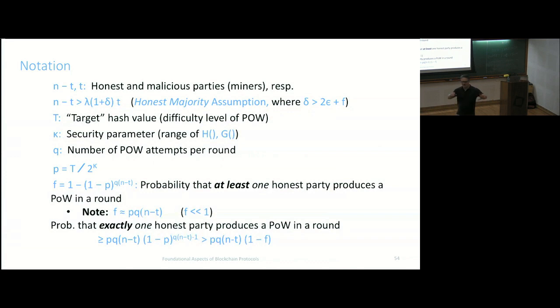Every party is flat, so everybody has Q trials, so they can attempt Q times to do this. As I said, the adversary is corrupting a bunch of guys and is coordinating them. So if you're looking at the same thing, things are worse for the honest guys because they're trying to do that by themselves.